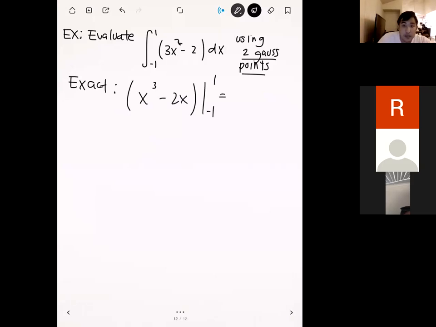If we plug in -1 and 1, we get -2. So our Gauss quadrature should get us -2, because we have a quadratic function here, 3x squared minus 2, and if we use 2 Gauss points, it should recreate this integral exactly.